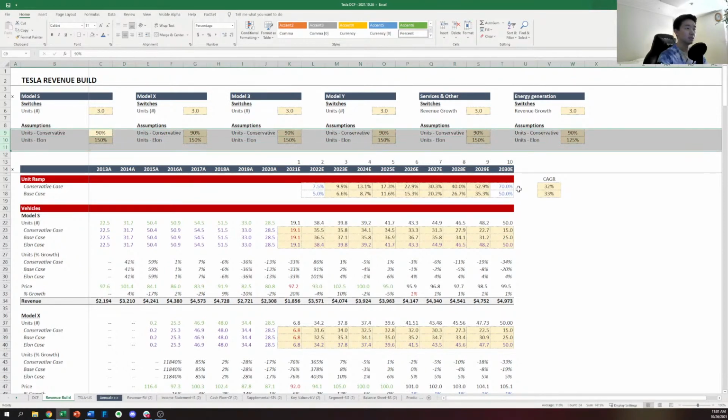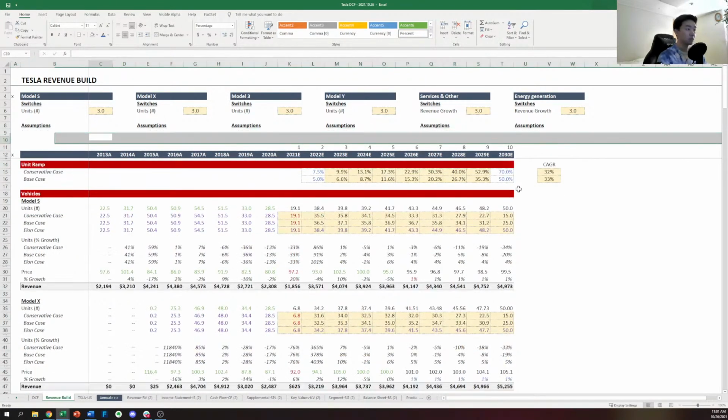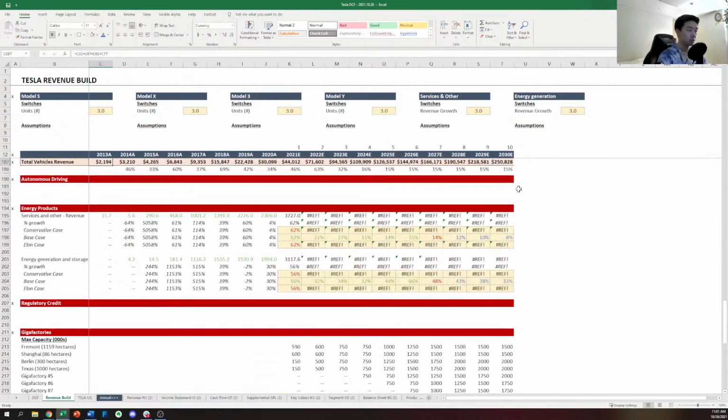I think if I delete this, nothing happens though. Oh, energy products. How would I do this one?